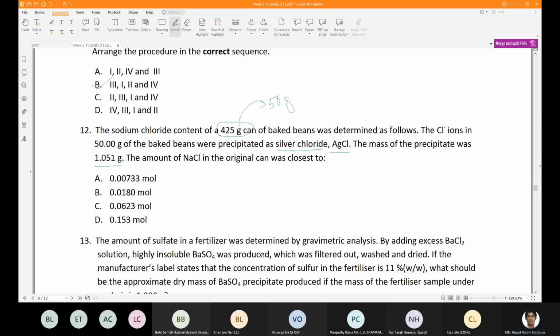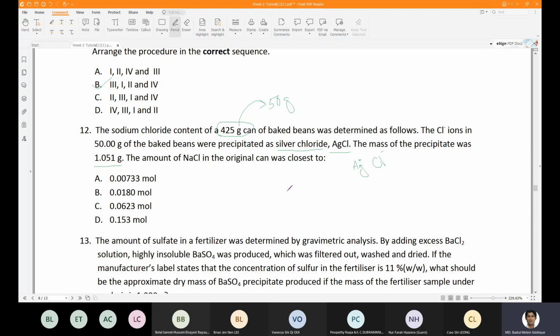So now in gravimetric analysis, we have to understand that silver and chloride is 1:1. That means in silver chloride, this is silver and this is chlorine. So 1:1, one silver ion and one chloride ion produce one silver chloride molecule.